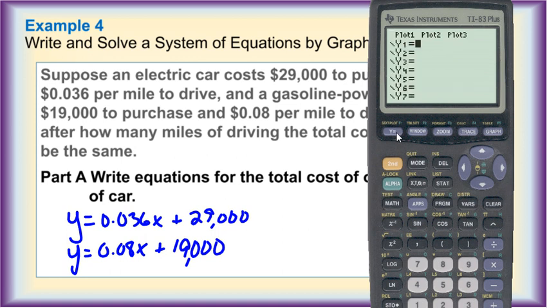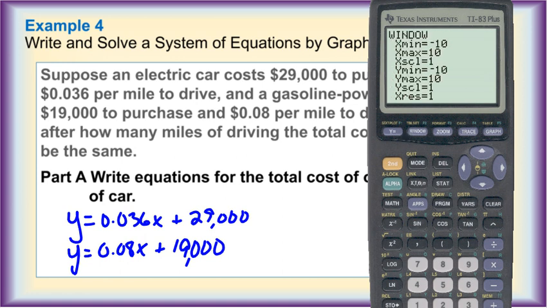And our y equals, and we'll type in our equations, so 0.036x plus 29,000. And the second one, we have 0.08x plus 19,000.